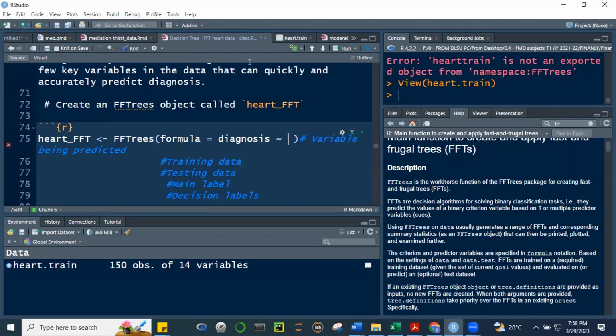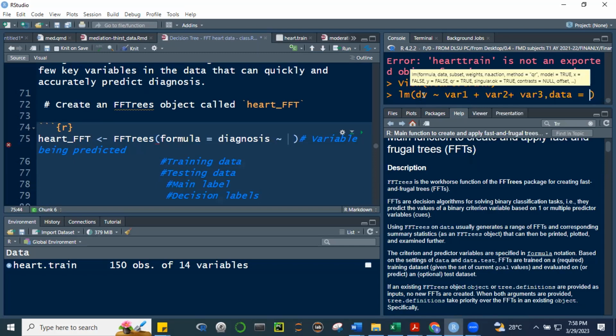Nakagamit na ba kayo ng regression using R? No, sir. No? Okay. Pag nagre-regression kayo sa R, ganito, no? Bali, ganito yung formula. Bali, LM, yan. Tapos DV, tilde, independent variables, okay? And then, variable 1 plus variable 2. Pinapakita ko lang yung basic function. Okay? And then data is equal to kung ano man yung data, no?